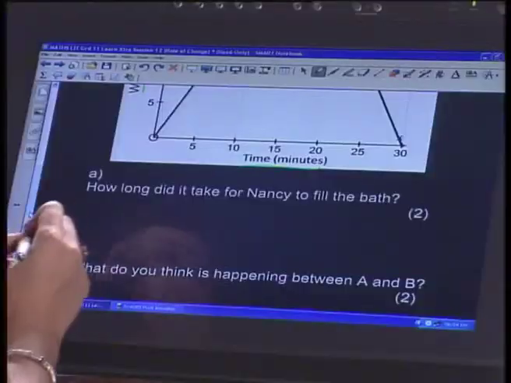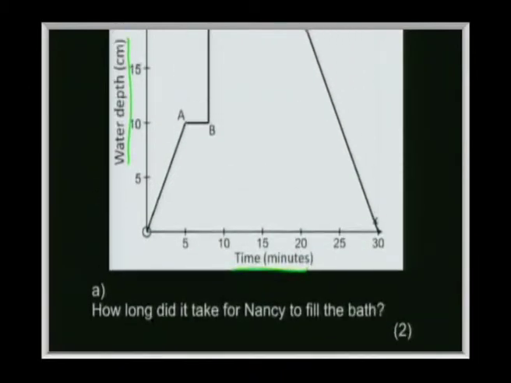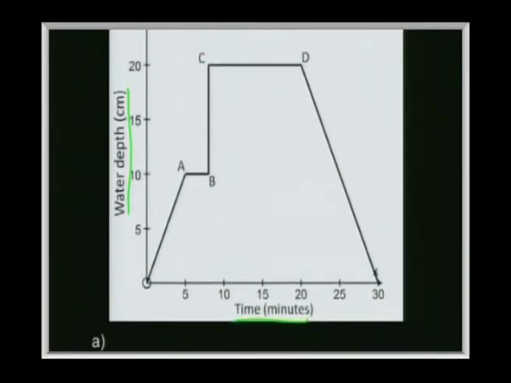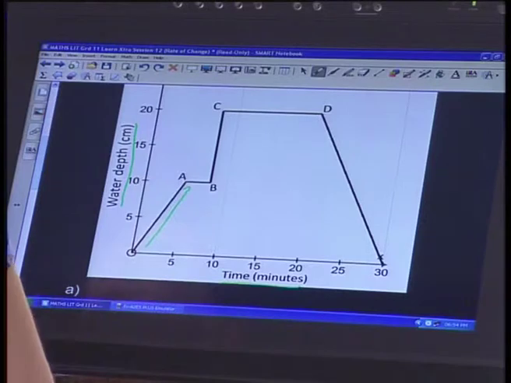So first of all, it asks us, how long did it take for Nancy to fill the bath? Let's go back to our graph, and when we turn the tap on, we can assume that we've got a constant rate of water flowing into our bath. That is why our line over here is straight, because we have a constant flow of water into our bath.